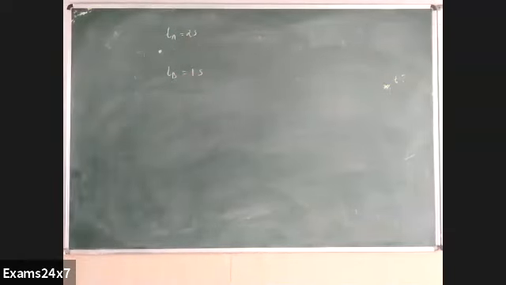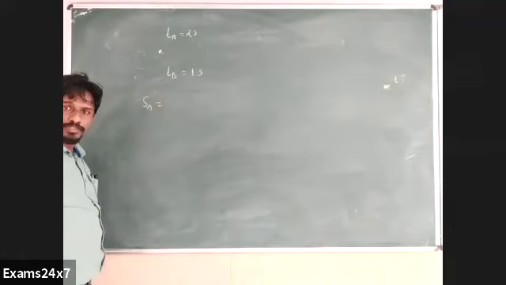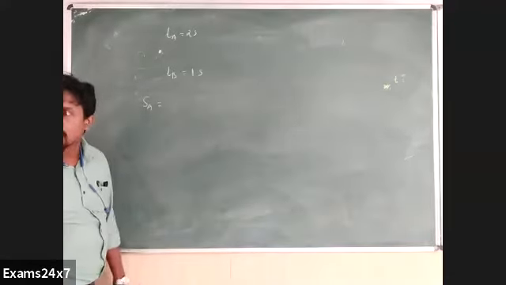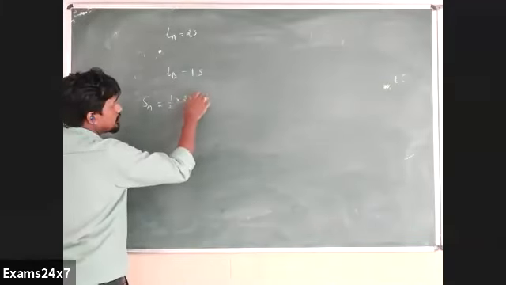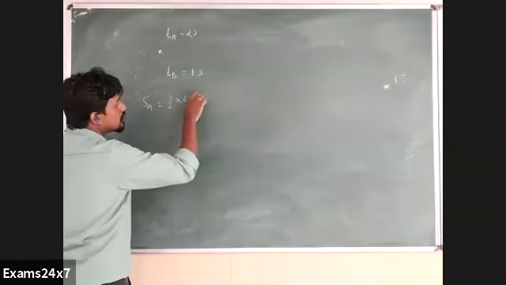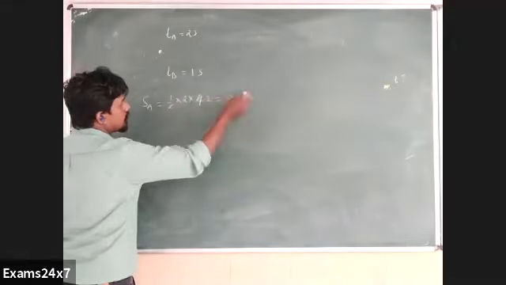B starts 1 second later and they are asking the displacement between them after 1 more second. That means the total time for A is 2 seconds and for B is 1 second. What is the distance traveled by A in 2 seconds? Starts from rest, u is 0, so half a t squared: half into 2 into 2 squared is 4 meters.